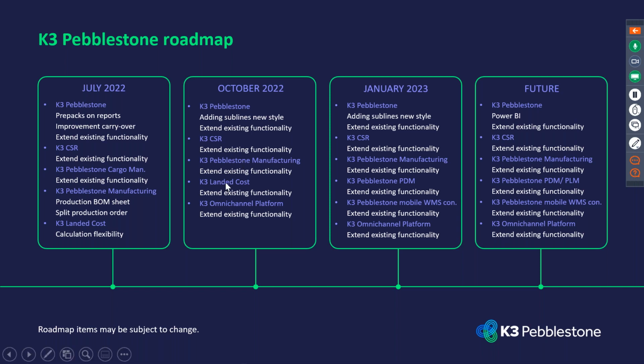Some finishing work on landed cost, also OCP is important to connect our platform to other parties, and continue with in January PDM. We would like to do some work there, like PDM PLM functionality, and also the warehouse management, the connection to Tasklet is something we will pick up and make more advanced, and that is more for the future.